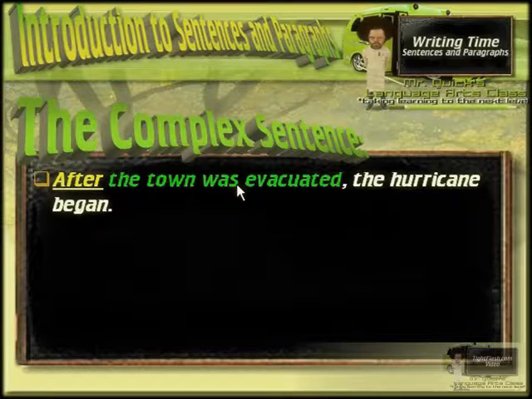Now, if we wanted to say it in a different way, we could use a different one, say for instance, we want to say condition, and you can get the meaning by me saying the sentence, if the hurricane begins, the town will be evacuated.